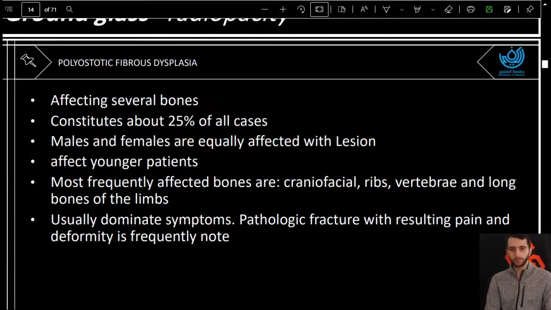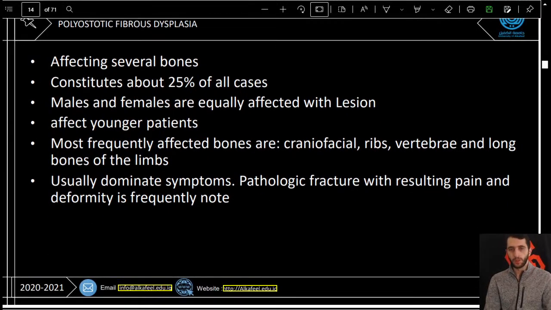Moving on to the polyostotic fibrous dysplasia.